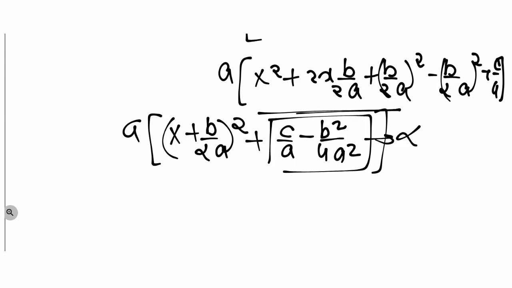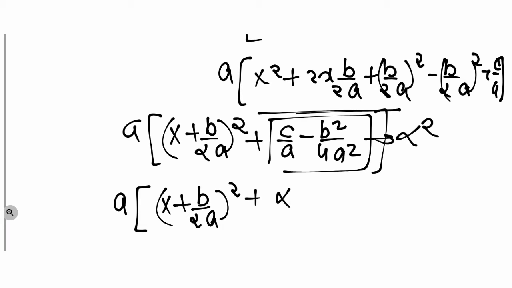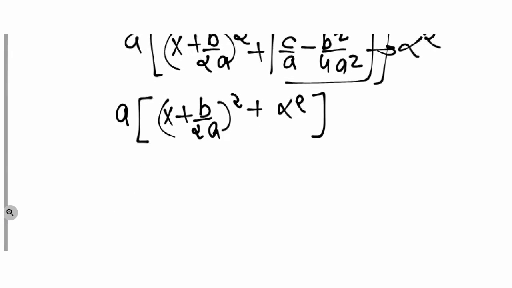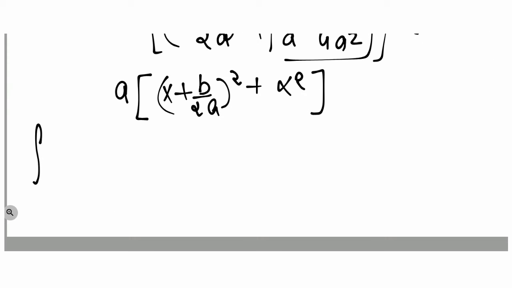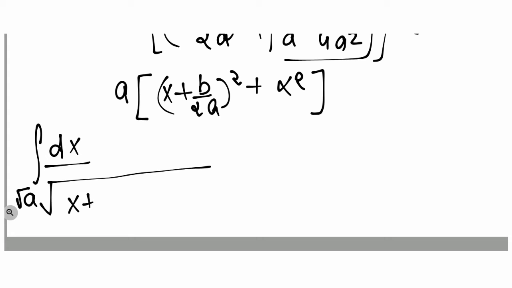So now what we are getting is a into x plus b by 2a whole square plus alpha square. Now we have to integrate dx by root under, a would become outside, so it would be root a outside, and root of x plus b by 2a whole square plus alpha square.